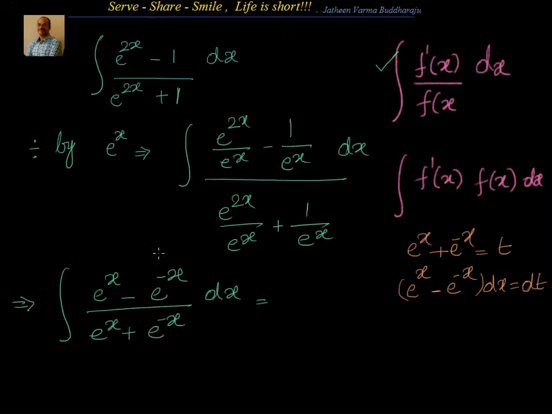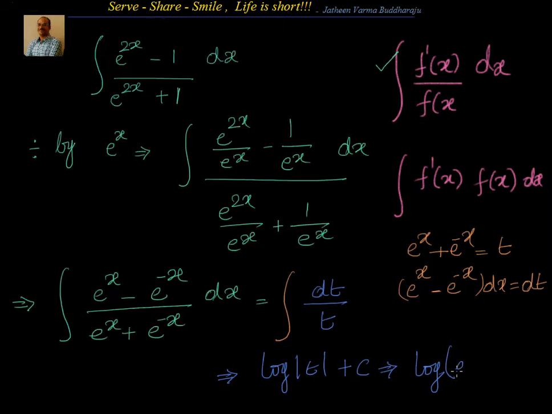So I can replace the whole numerator by dt, divided by t, which is equal to log of t plus c. But what's the value of t? T is e power x plus e power minus x, so the answer is log of e power x plus e power minus x, plus c. That's how we can solve that.